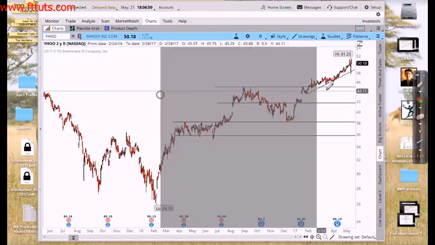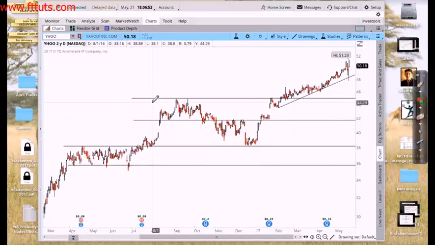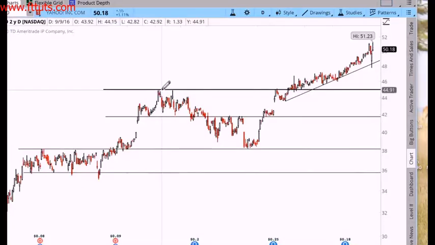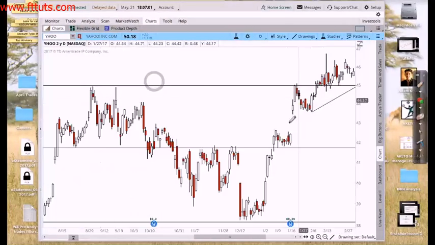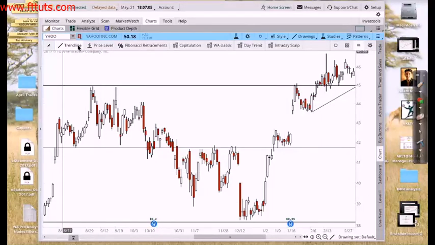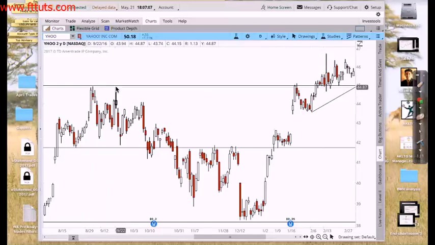I would draw these support and resistance levels for Yahoo. Take a look at this. This was a downtrend, you can see over there. Could I draw a trending resistance? Let me take a look. Again, does it connect 3 points? It has to connect 3 points. If it doesn't, I won't force it again.